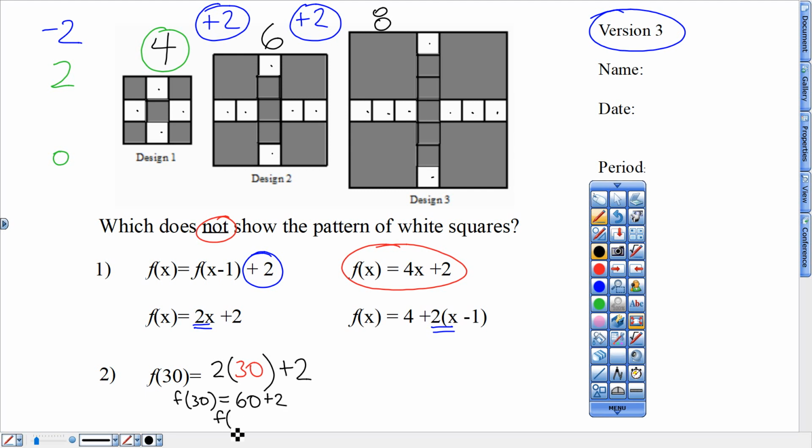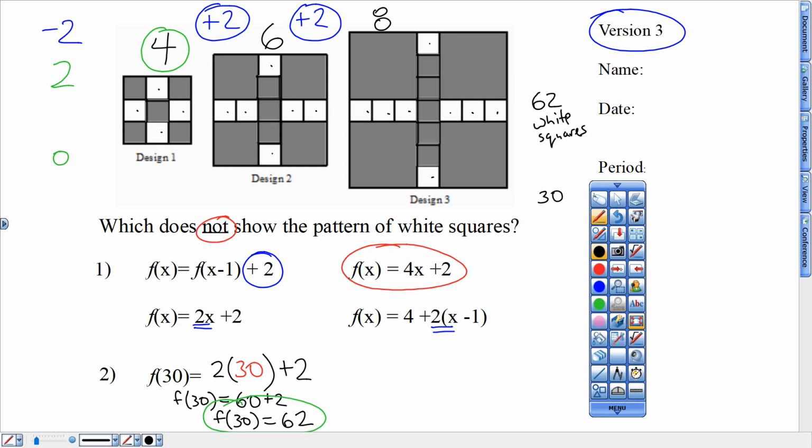I get 62 white squares. That's the answer I'm looking for. If you plugged in 30 into that equation, 2 times 30, 60 plus 2, you get 62. Again, if I went to design number 30, I would have 62 of these white squares, using this pattern, using that equation.